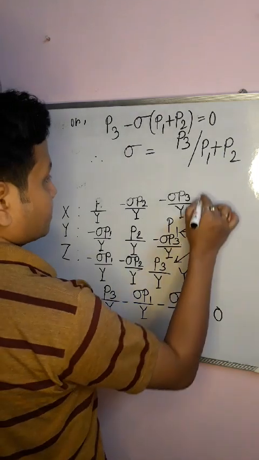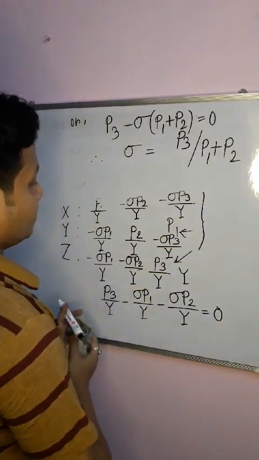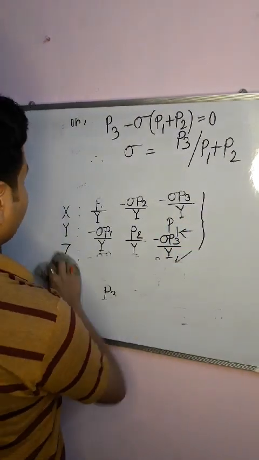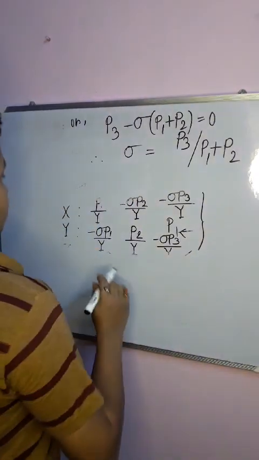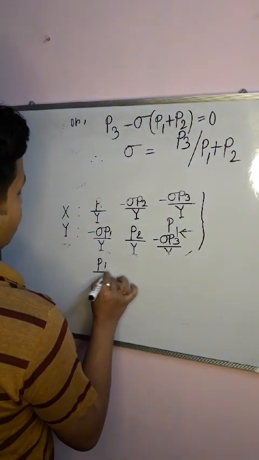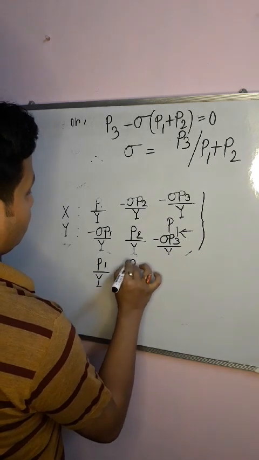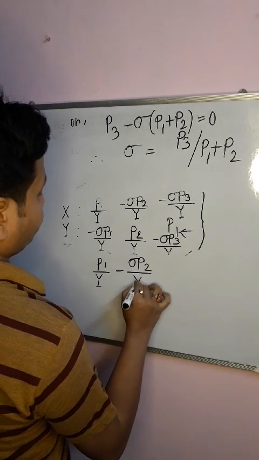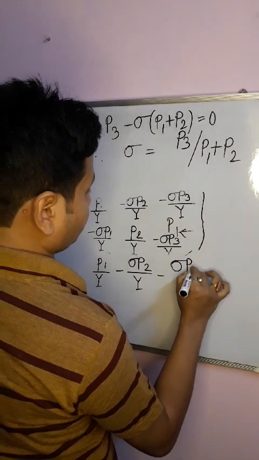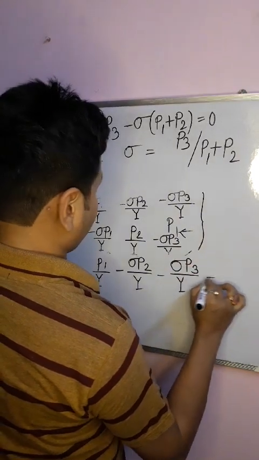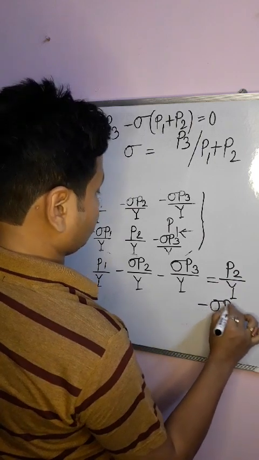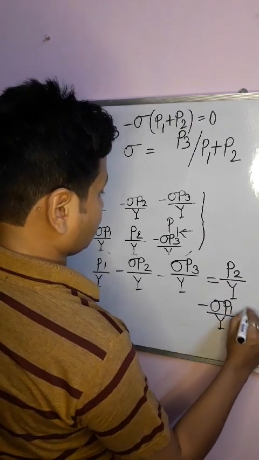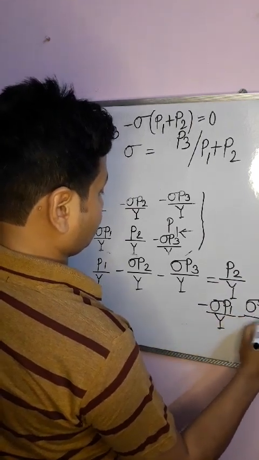Also, given that the strains along the x and y axes are equal, we have to make them equal. So if the strains along the y axis and x axis are equal, then P1/y minus sigma P2/y minus sigma P3/y equals P2/y minus sigma P1/y minus sigma P3/y.